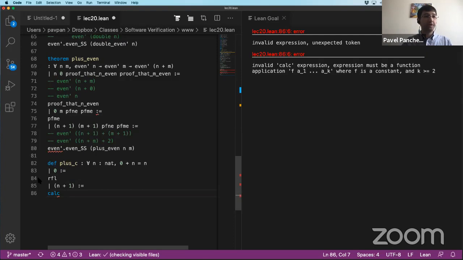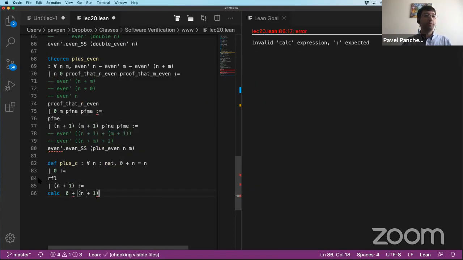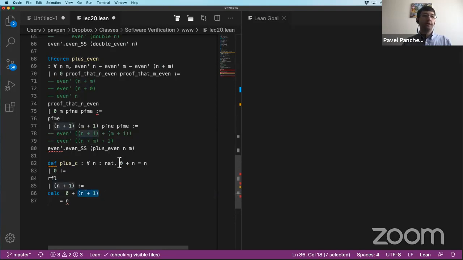So what we're trying to prove in this case is that 0 plus n plus 1 is equal to n. And I'll do that by a couple of step-by-step operations. First, since to do addition, Lean wants to know whether the right-hand side is 0 or not. We've now discovered that that right-hand side is not 0.